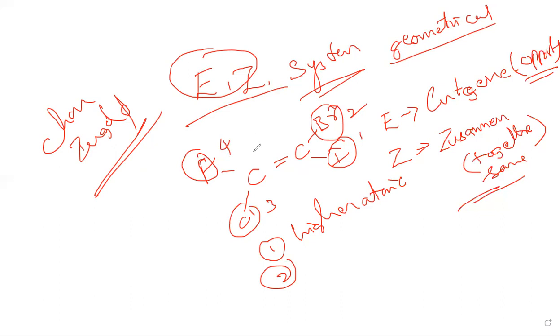In the case of groups, such as methyl and ethyl, C2H5, the greater the carbon count and branching, the more priority it gets. In the second chapter, we'll discuss in detail the E and Z notation and how priority is assigned. So this is about geometrical isomers. In hydrocarbons, we'll study geometrical isomers as well as optical isomers in detail.